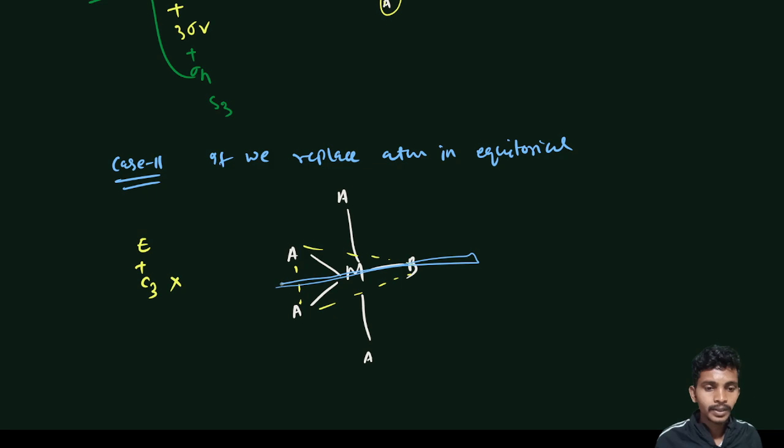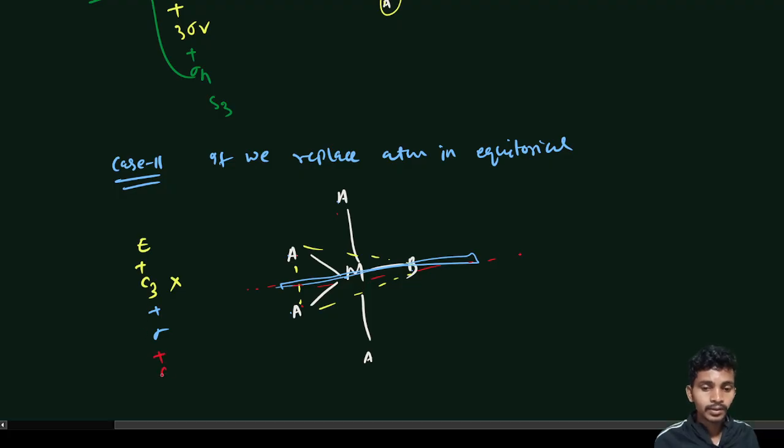If we pass a plane here, cutting this B and M, then this gets replaced, this gets replaced, meaning sigma is there, and sigma is there. And with that, a C2 axis is there. If you pass the axis through this, this gets replaced, this gets replaced, meaning C2 is there. So C2 is there, then 2 sigma v, because C2 is there and sigma v is there.